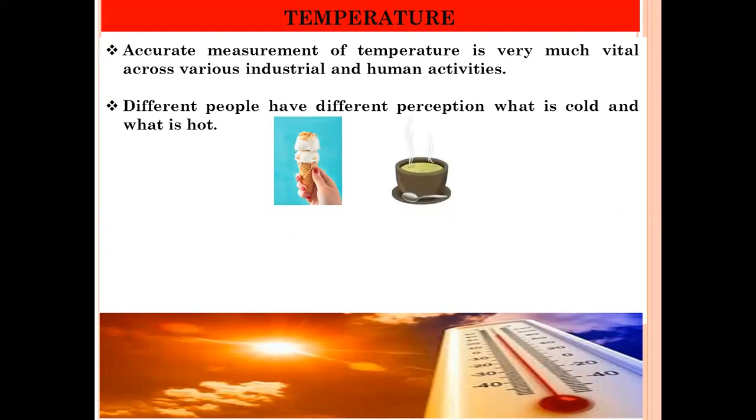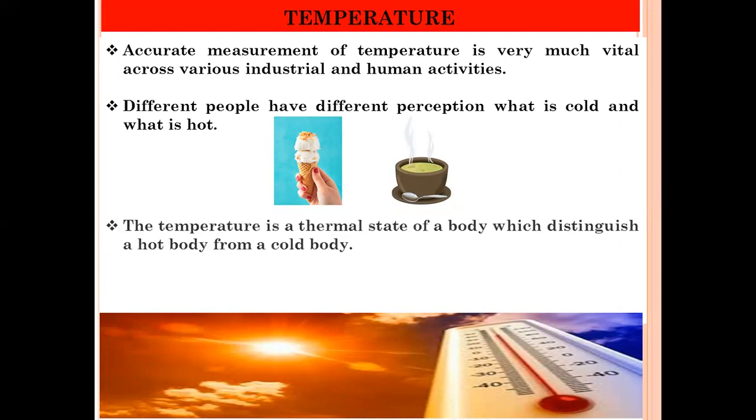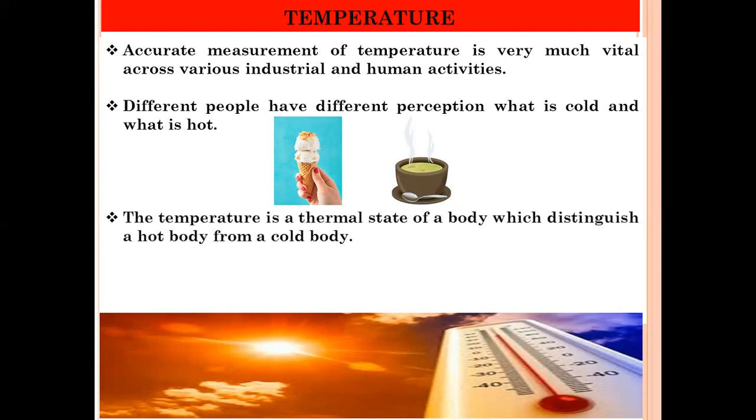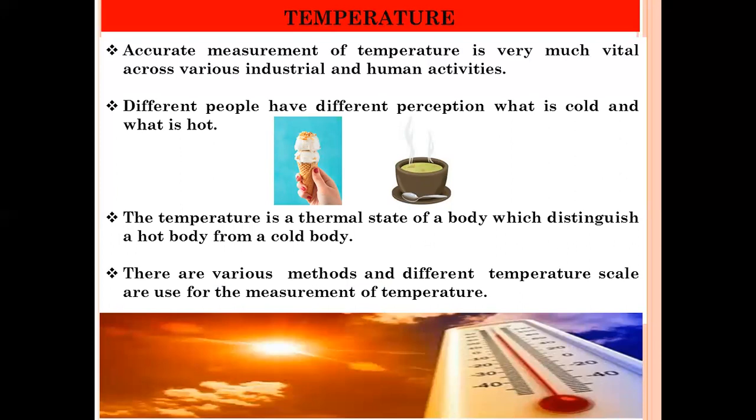Our body can easily sense the change in the temperature of a substance. So temperature is nothing but the thermal state of a body which distinguishes a hot body from a cold body. There are a number of methods and different temperature scales used for the measurement of temperature.